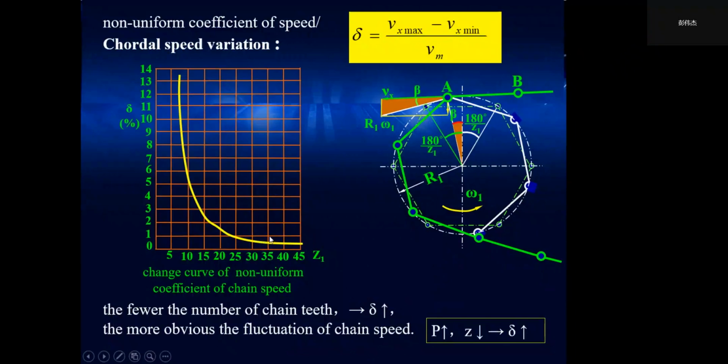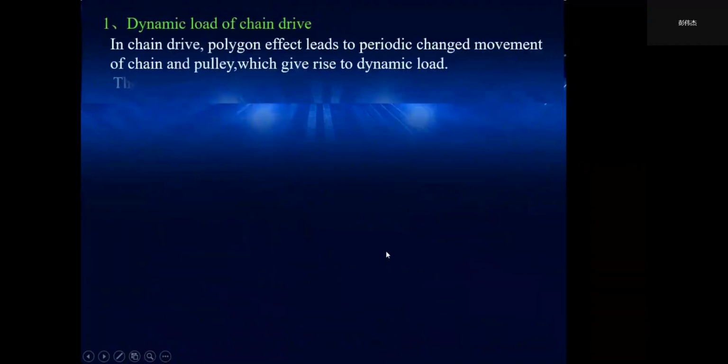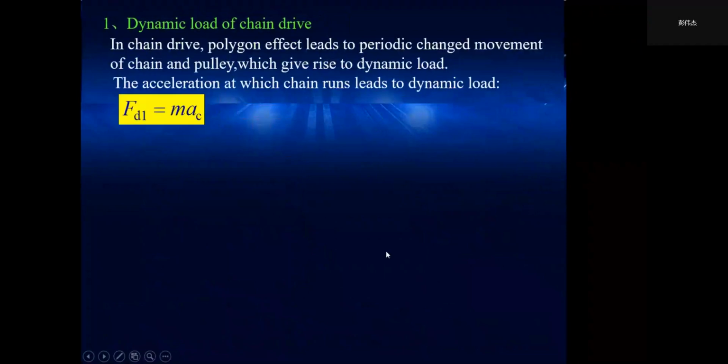If the number of sprocket teeth is sufficiently large, that is, more than 21, the polygon action may be hardly noticed. Therefore, a large number of sprocket teeth or a chain with a smaller pitch gives a uniform chain speed and smooth operation.